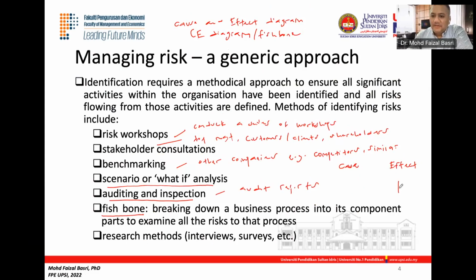The effect usually will be the problem or the risk itself. What are the risks? And we want to know what contributes to this risk. So the diagram will look something like a fishbone.